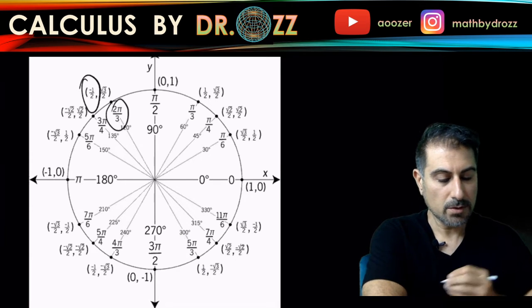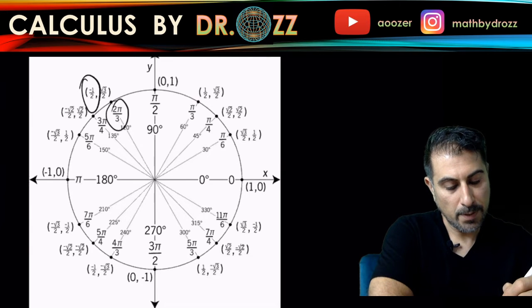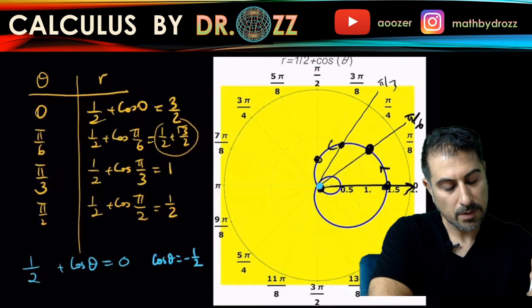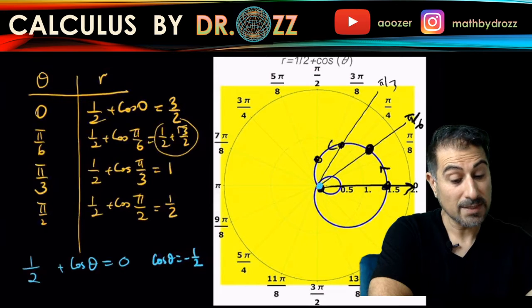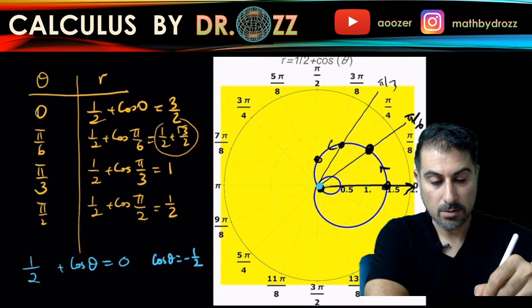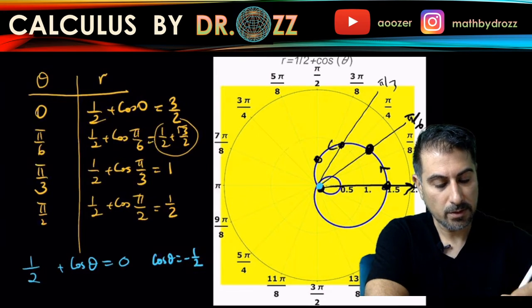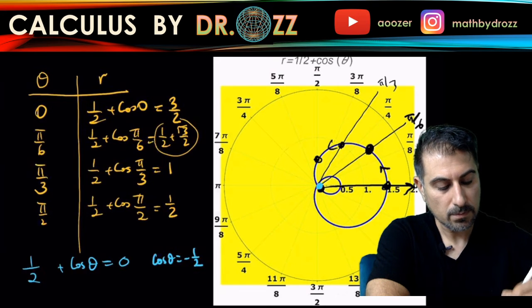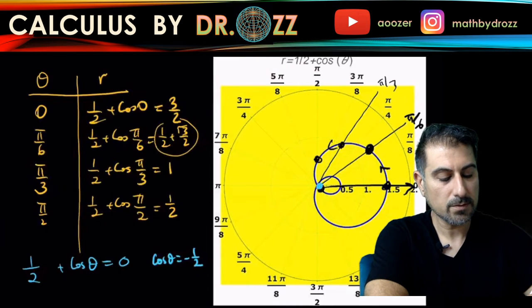So that means 2 pi over 3, which is 4 pi over 6, in fact, somewhere here, so I hit this point.